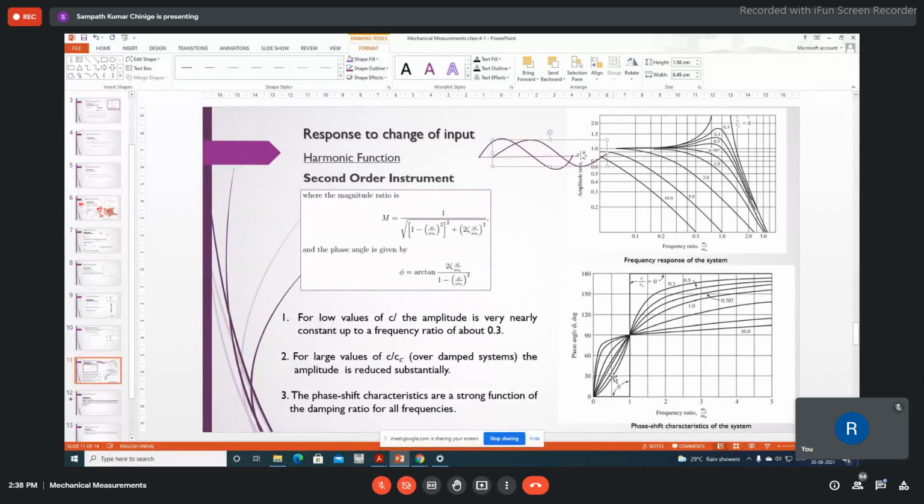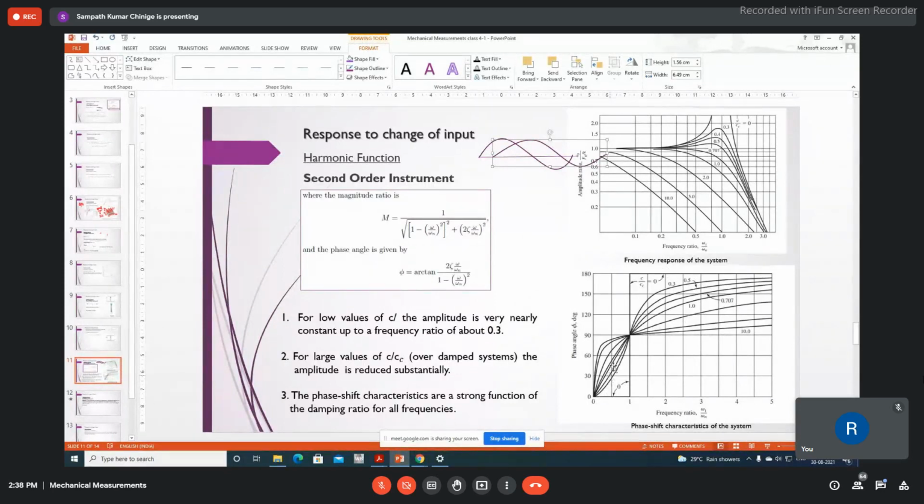They're almost linear, right? They're only varying. If you see the phase shift here, it's 30 degrees, it's 30 degrees. So for low damping ratios up to 0.5, within the frequency ratio of 0.5, there is not a significant phase shift. It's almost 30 degrees phase shift, you could see.